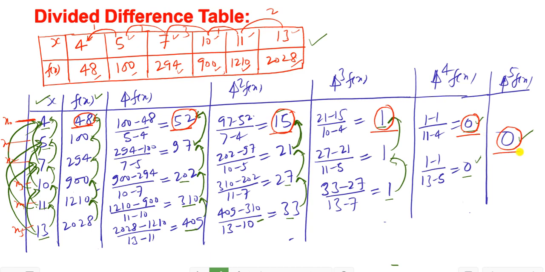So using the divided difference values of the table, we can compute the functional value at any value of x within the table.